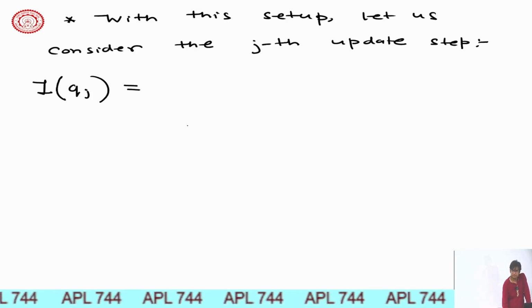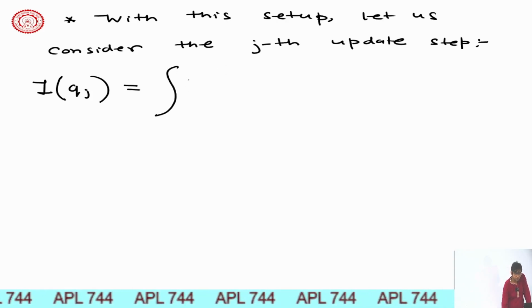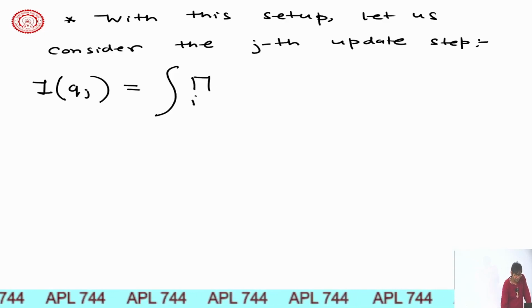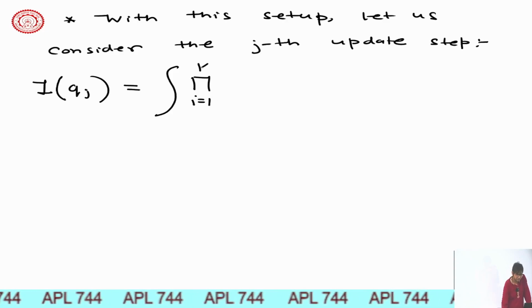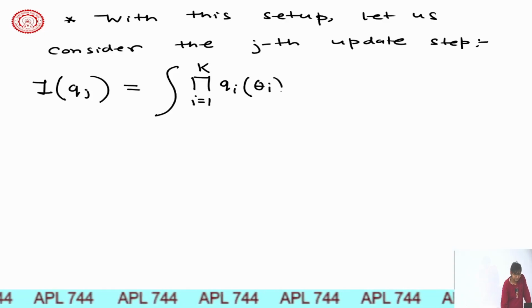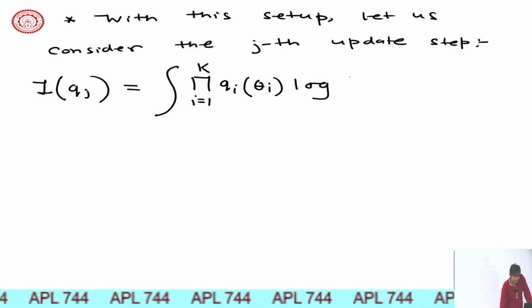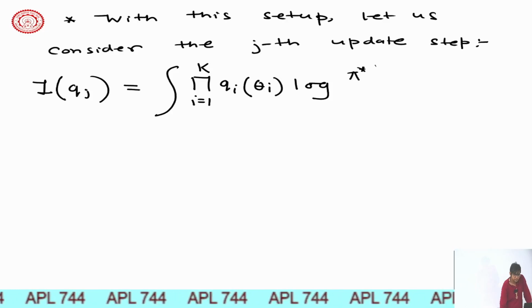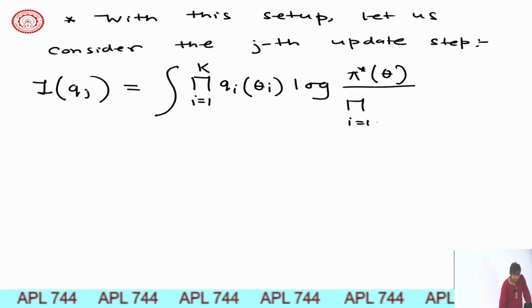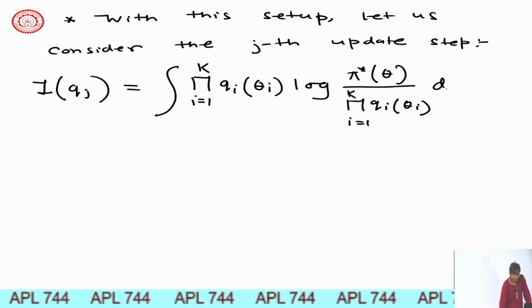This is equal to the integration of the product i equal to 1 to k of qi(theta_i), log, it is opposite, so pi star will go up, theta by the product i equal to 1 to k of qi(theta_i), d theta.